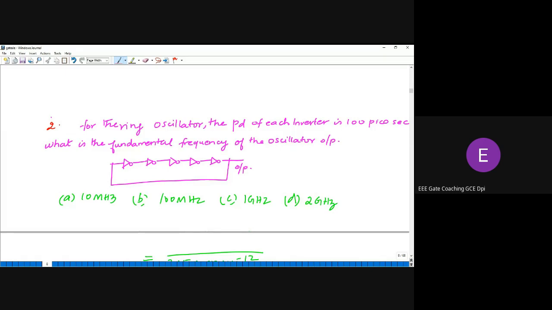For the ring counter, the propagation delay of each inverter is 100 picoseconds. What is the fundamental frequency of the oscillator output?